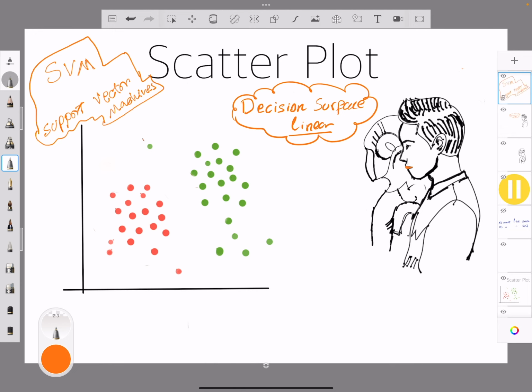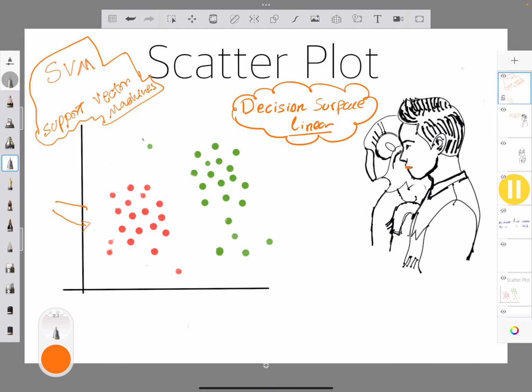So, a little bit about SVM. Support vector machine is an algorithm that takes this data as an input, and outputs a line that separates these classes. We have two classes here, red and green. When we're using support vector machine, it gives us a line that separates them.